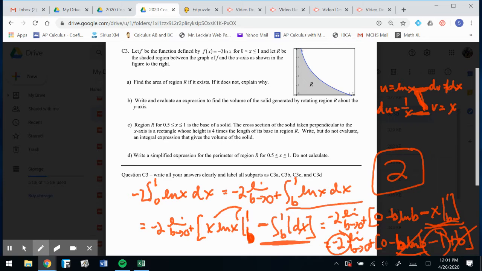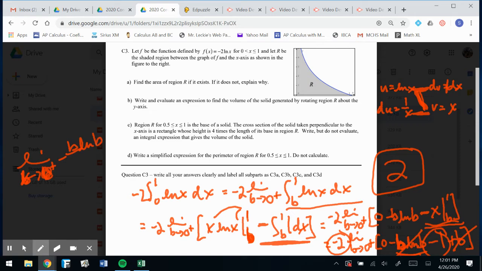Okay, and I even want to break down this a little bit because I went by it a little fast. But you would have this little piece right here, okay, where you would have 0 from the right of negative b natural log b.